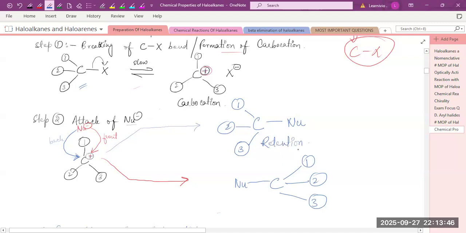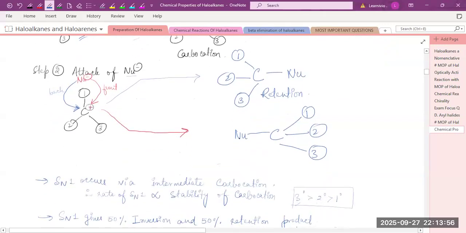Retention means the orientation is the same, the orientation is retained. But here you can see the nucleophile attacks from the back side. When it attacks from the back side, you will get an inversion product. Here the orientation of the molecule will invert. Inversion comes from the word inverse.